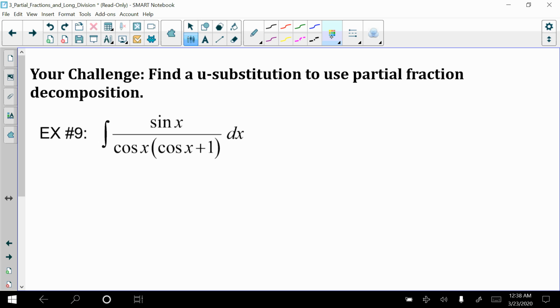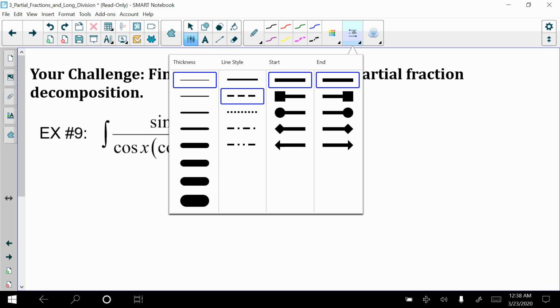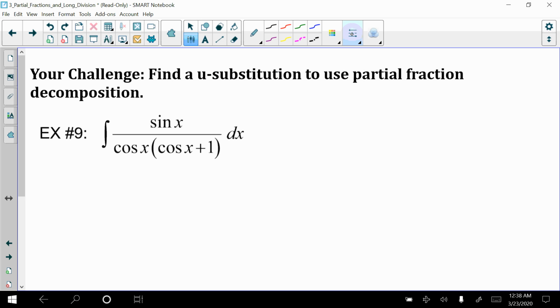So let's say U is equal to the cosine of x. That means du will be equal to negative sine of x times dx.